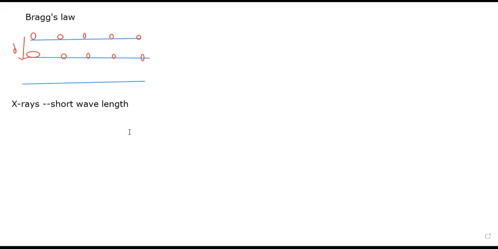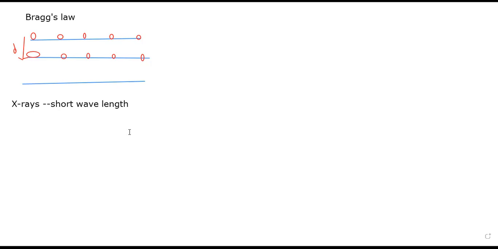It cannot diffract through the crystal lattice. But X-rays are powerful radiation with very short wavelength, and if you use this radiation, it can penetrate through the crystal lattice. Then what's the next step?